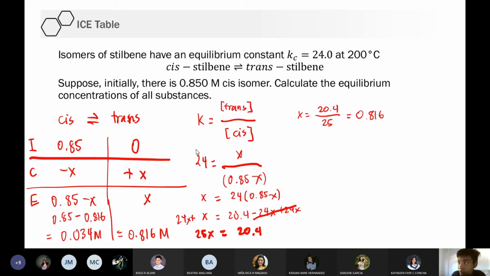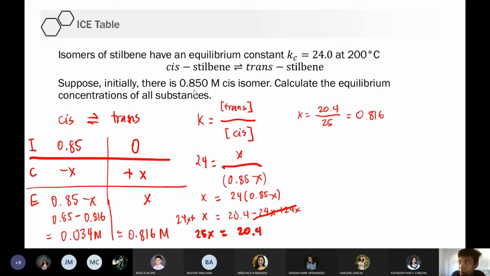Again, let's recall, we are given the initial amounts, and we are asked to solve for the equilibrium concentration. For you to solve for the equilibrium concentration, you have to use the ice table. On the ice table, you're going to type in whatever information was said in your problem. For the I, that is the initial concentration.